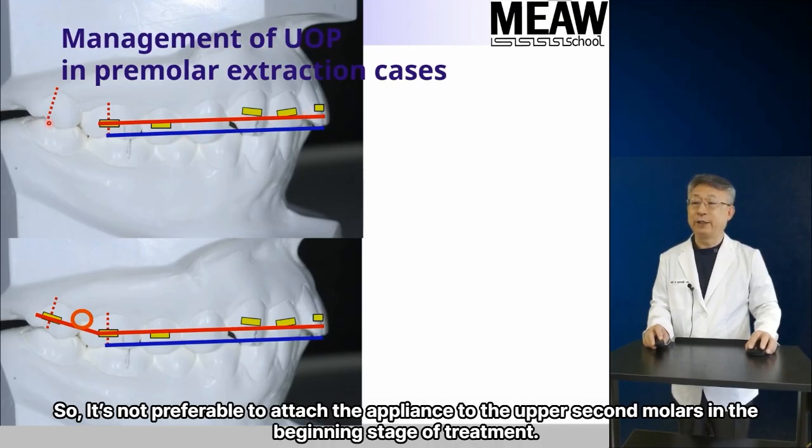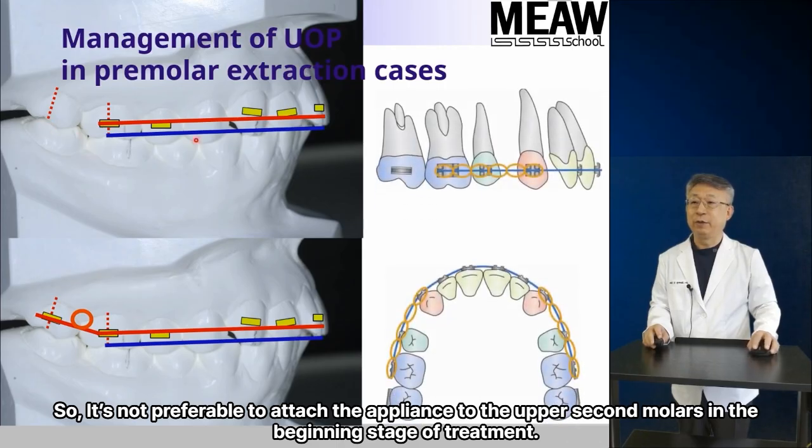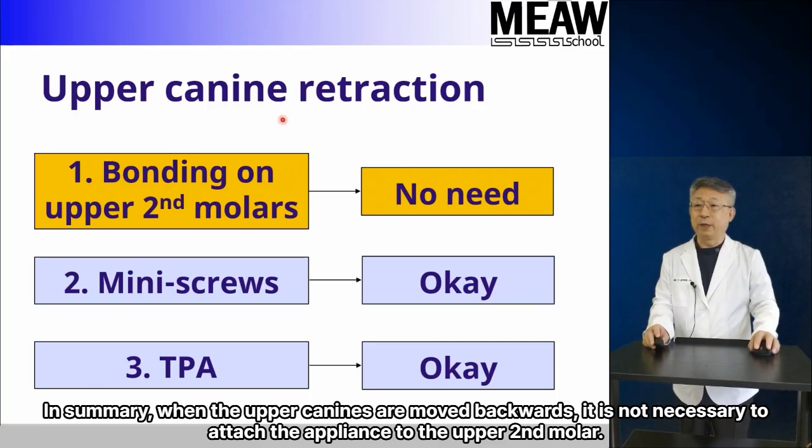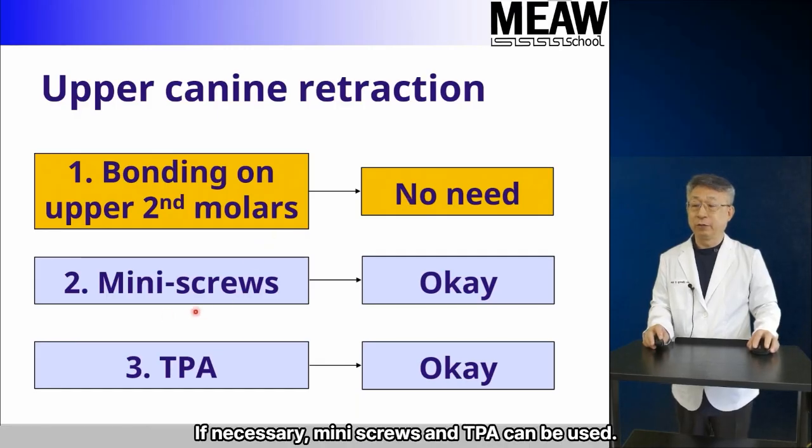So, it's not preferable to attach the appliance to the upper second molars in the beginning stage of treatment. In summary, when the upper canines are moved backwards, it is not necessary to attach the appliance to the upper second molar. If necessary, mini screws and TPA can be used.